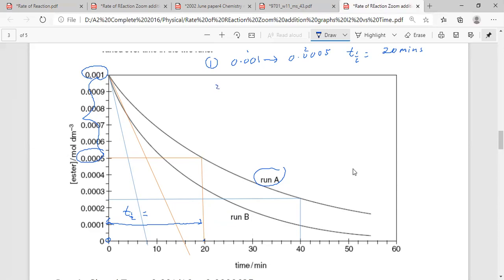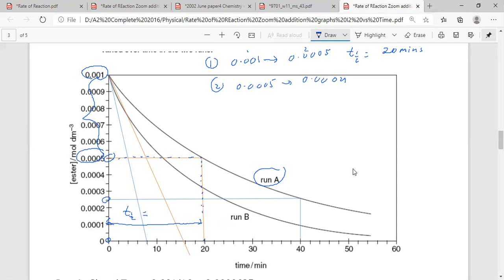So number 2, from 0.0005, of course the easiest goes to 0.00025. It means from here down to here.